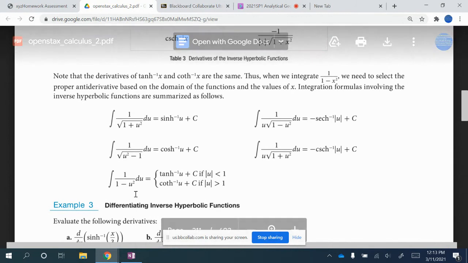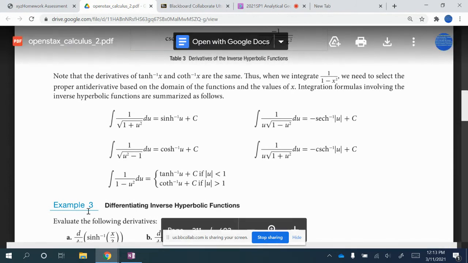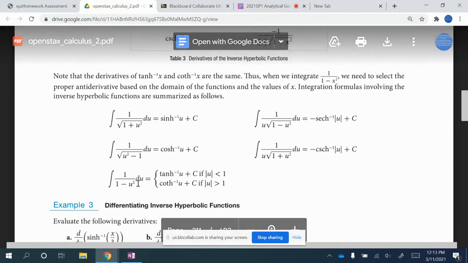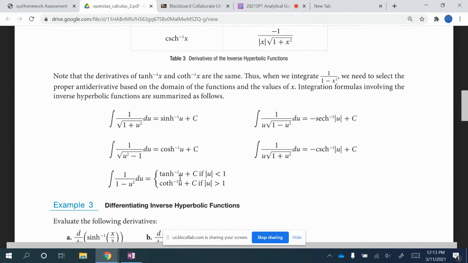However, for this formula, I'm going to jot this down. We don't have any radicals in the denominator. So this is the integral of 1 over 1 minus u squared du, which is equal to the inverse of hyperbolic tangent of u plus c, and it's also equal to the inverse of hyperbolic cotangent u plus c.